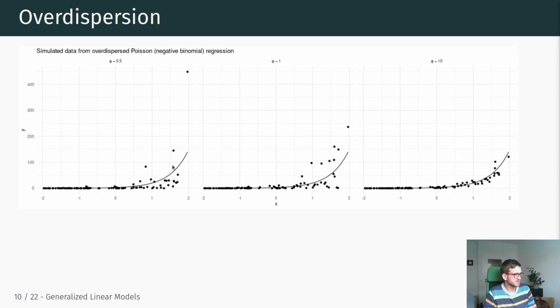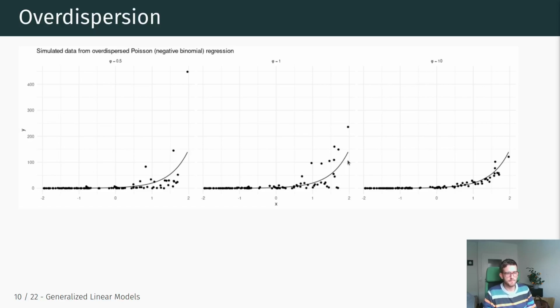On the left-hand side, we see that as x increases, we have larger variation. So despite the fact that we have the same underlying fitted curve, the same expectation, we have more variation for larger values of x. Here on the right-hand side, we have very small variation for large values of x. So depending on where we are in the spectrum, we can have more or less overdispersion.